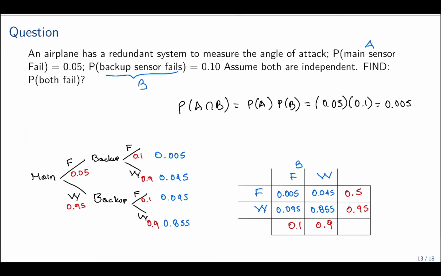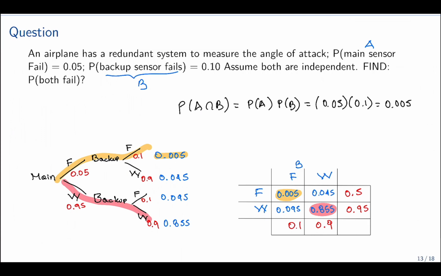So to get the probability of the intersection, in this case the intersections are going to be the branches, so fail and fail, and in the contingency table it is given by that, and it's 0.005. The probability of both work, that's going to be in that branch, and that will be 0.95 multiplied by 0.9, and both work is equal to 0.855.